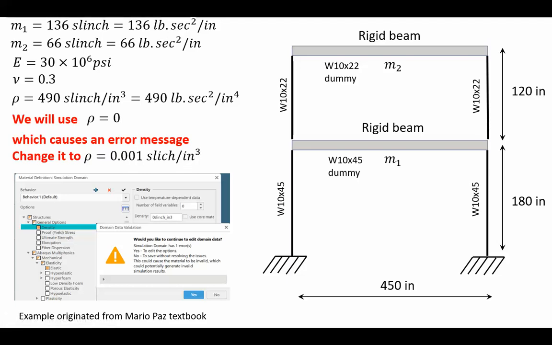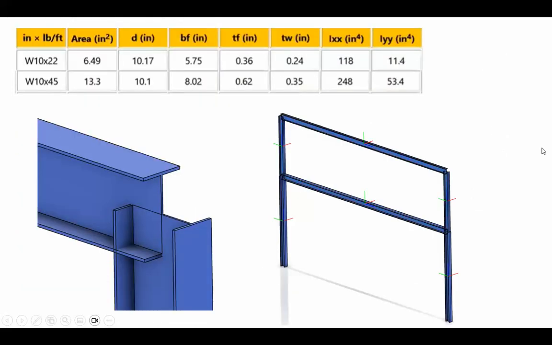It's just like in 3DEXPERIENCE, you not only get a warning, but it won't let you do that. So this is why I will change the density to something which is a lot smaller than the density of the steel, and that guarantees that it will not actually contribute to the calculation. Now, the details of the cross-sectional areas for these wide flange sections are given there.